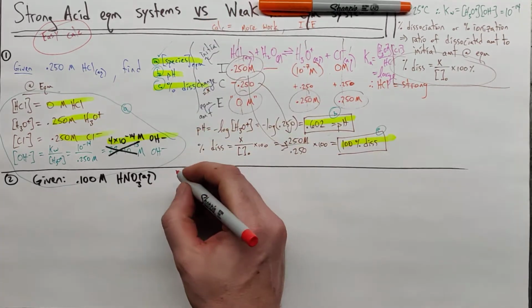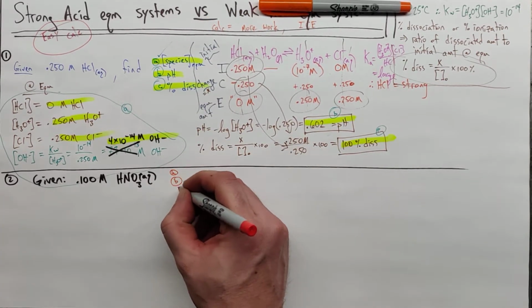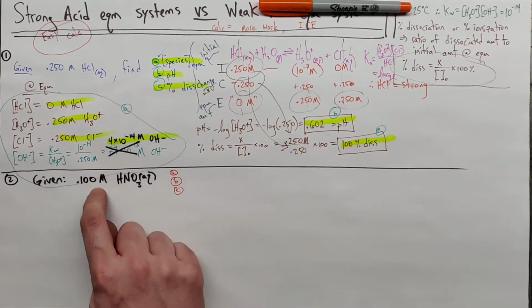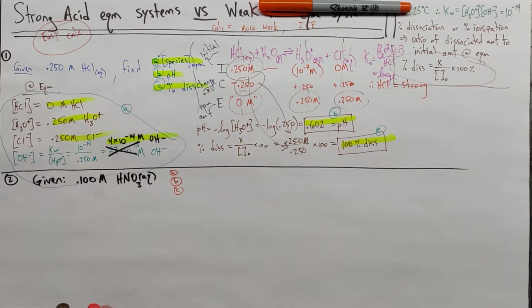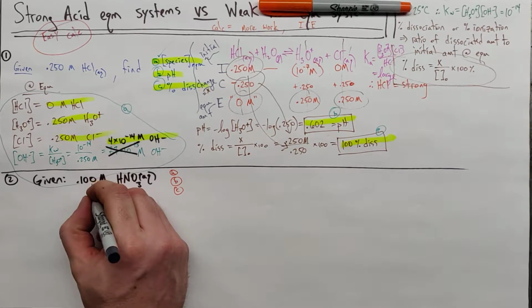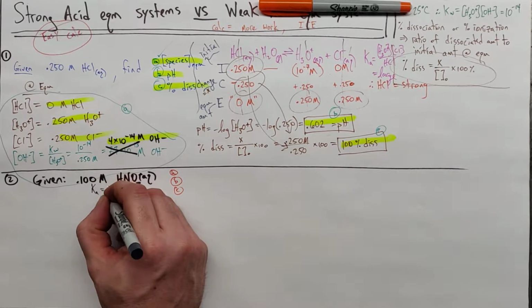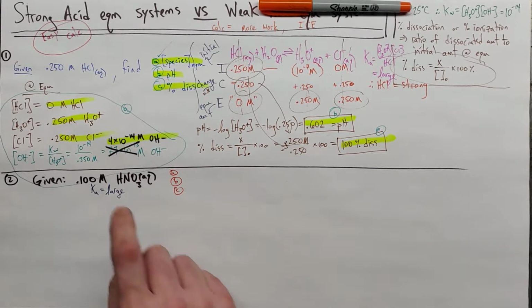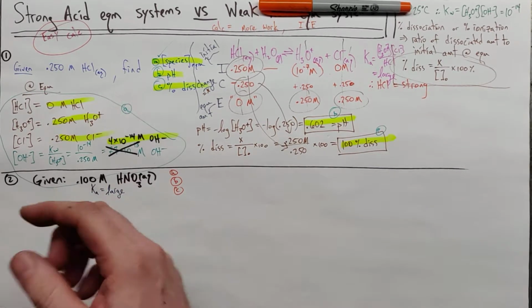We're going to ask for that same stuff, that A, that B, and that C. And I'm going to skip the whole ICE setup and everything else. I know it's strong. In fact, maybe I should take note of that right here. Ka is large. All right? Rather important bit of information. If Ka is large, this is strong.